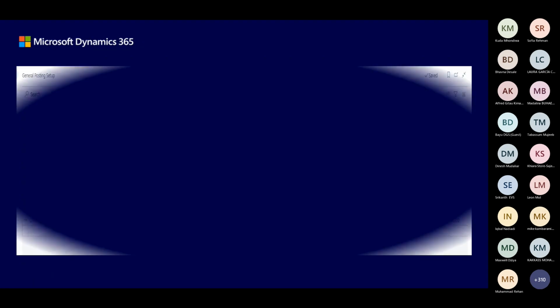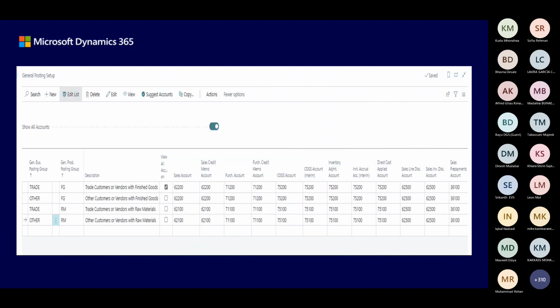On the P&L side, we go back to the general posting setup. Can you see these columns, the COGS account and the direct cost applied account?